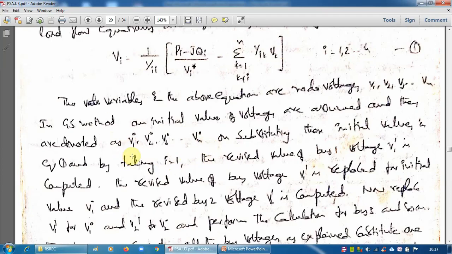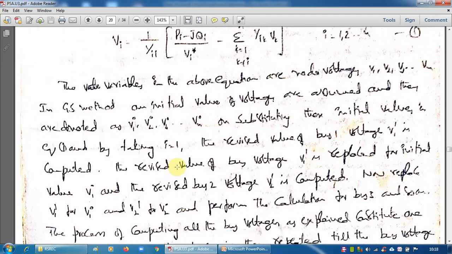For V1, substitute in this equation V1 of 0, V2 of 0, V3 of 0, and so on, and calculate V1 of 1. So one value is calculated. I am saying V1 of 1 because it is a fresh value. By making use of these initial values, we calculated first of all V1 of 1. That is over. Next go for V2.